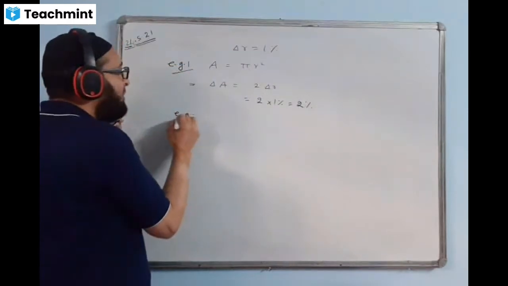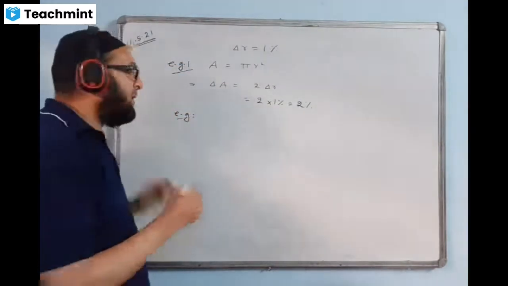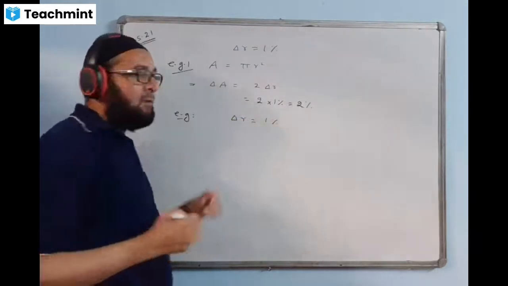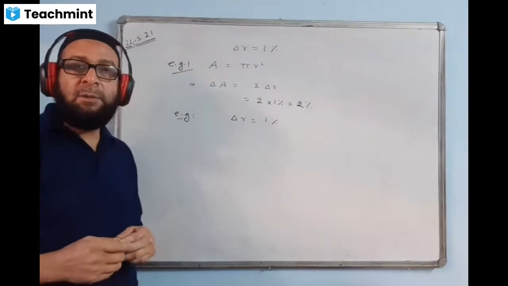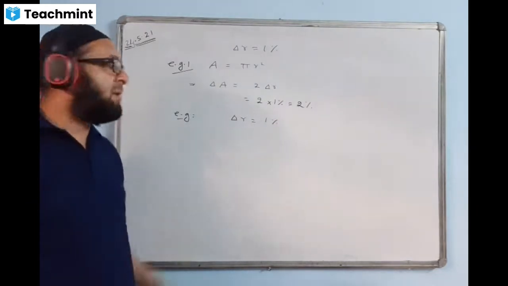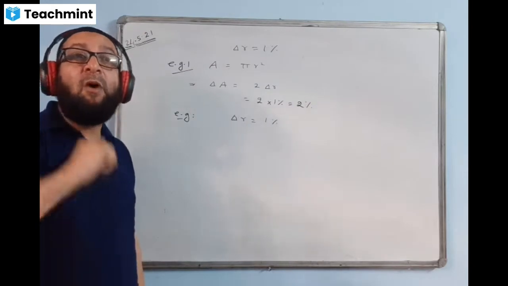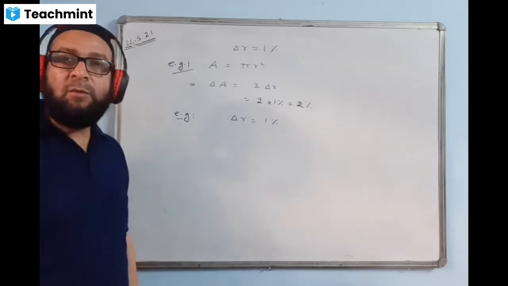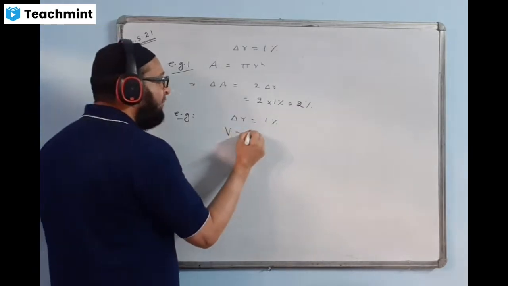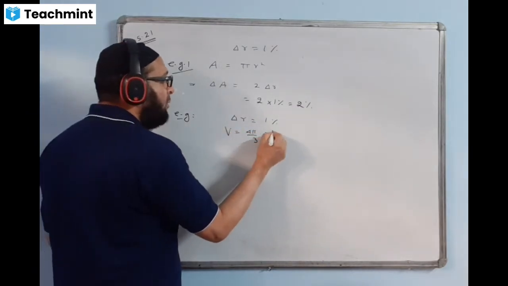Example 2 I gave like this. If the error in the radius of a sphere is 1%, what is the error in its volume? Can you do it? We'll use the formula of volume: 4 pi by 3 r cube.